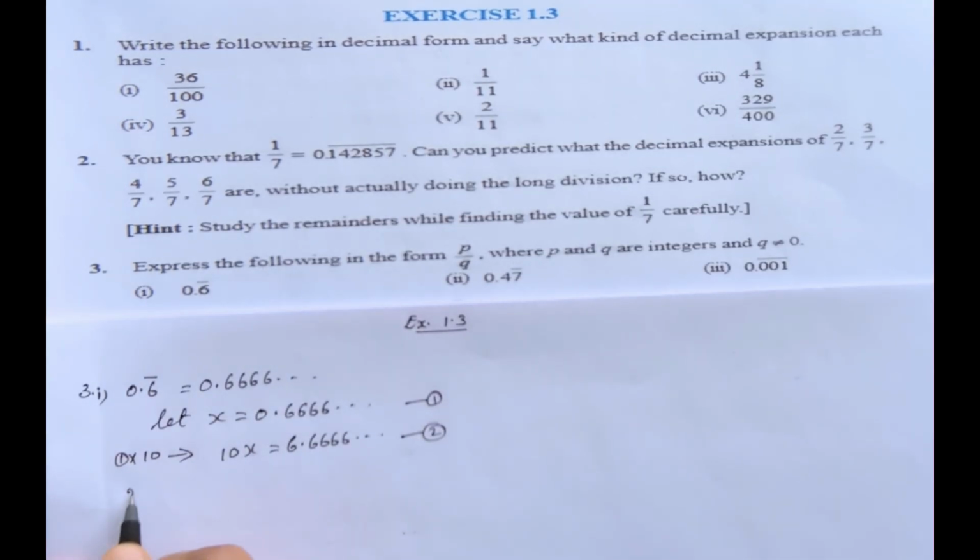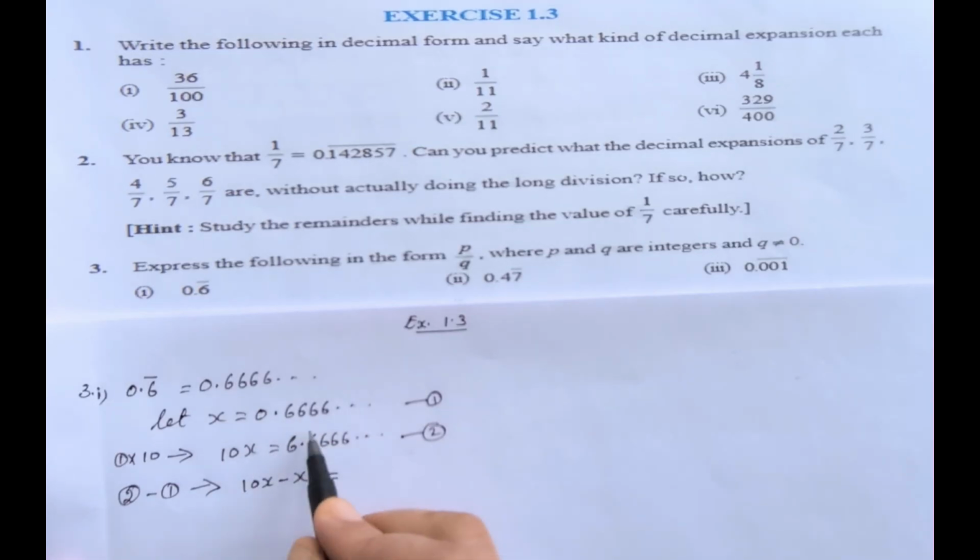Now we are going to subtract equation number 1 from 2. Equation 2 minus 1: on the left side, 10x minus x, is equal to, on the right side, 6.6 bar minus 0.6 bar. The decimal part will cancel. When you subtract, 6 minus 6 everywhere gives 0, so you can cancel that.